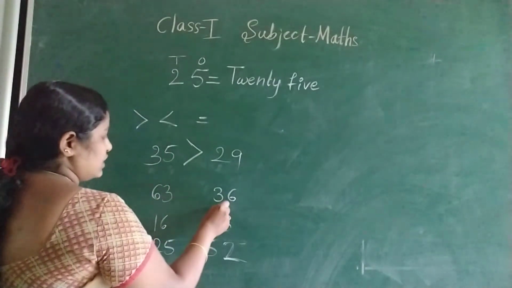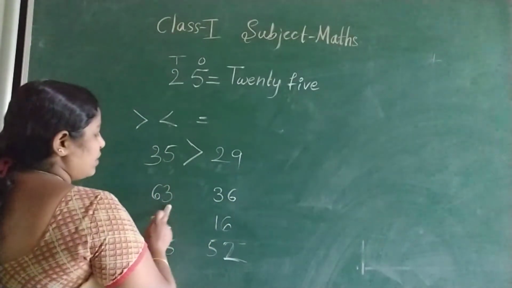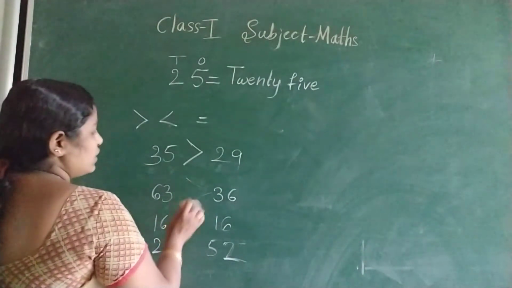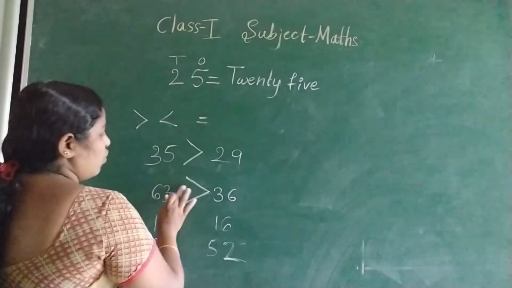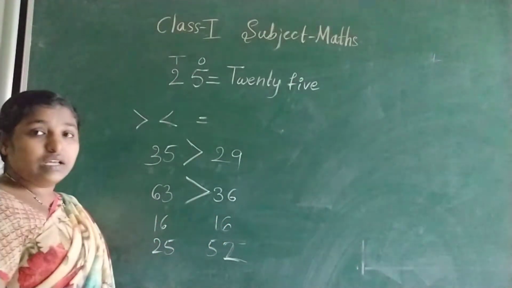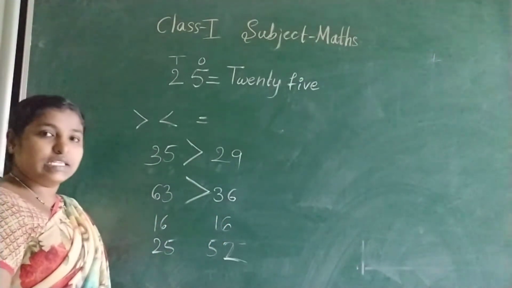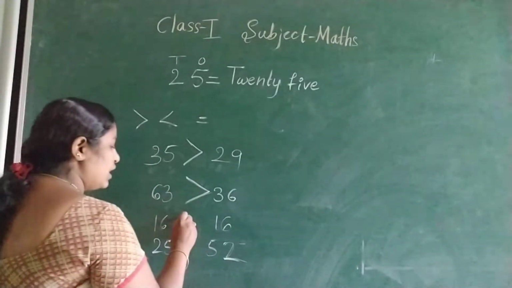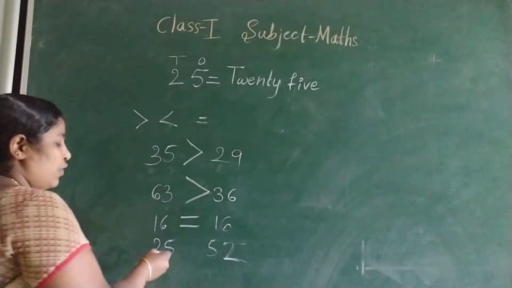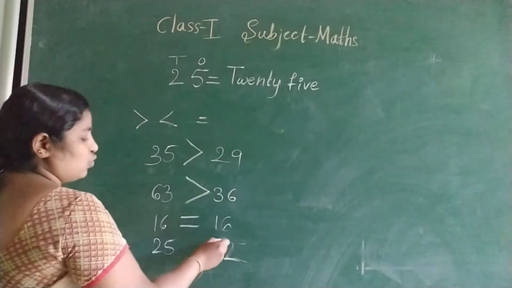63, 36. Which is big? 63 is big. So this side it should be open. 16, 16. Which is big? Both are equal. So put the equal to sign. 25, 52. Which is big?